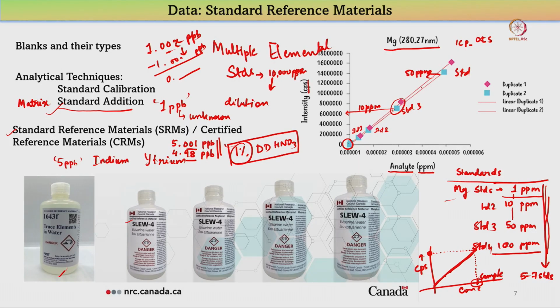The agency NRC, the National Research Council in Canada, collected some estuarine water and measured the constituents in that sample, and not only did they measure it in their lab, they also sent this sample to multiple labs all across the world, and then they finally give the common data.